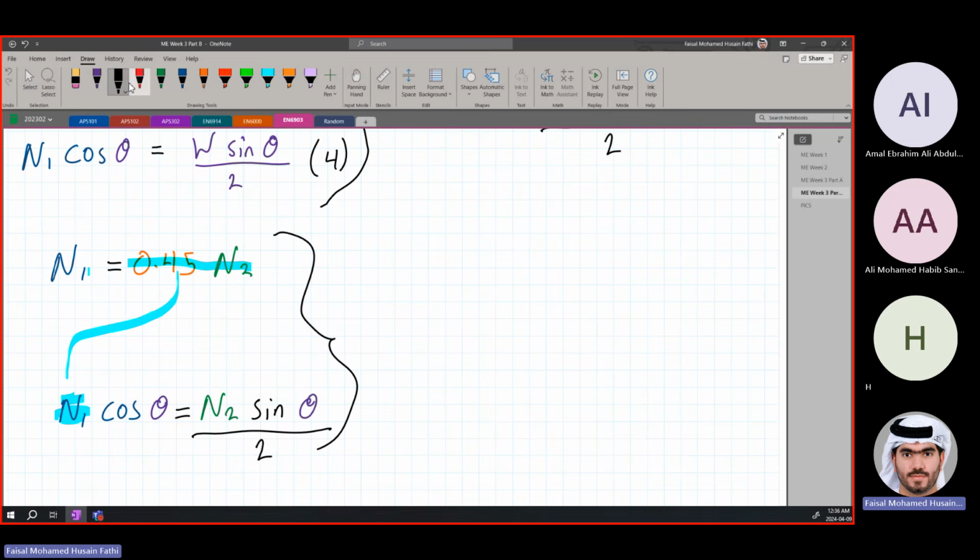And this will give us 0.45 times N2 cosine theta.